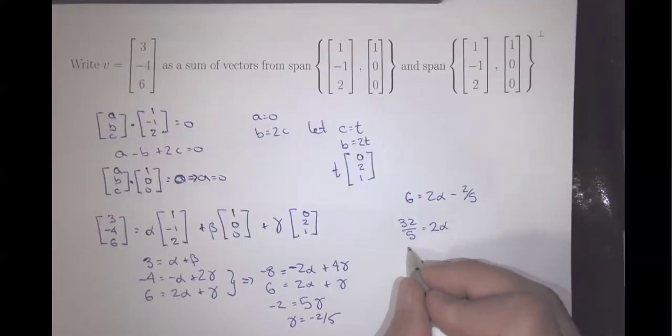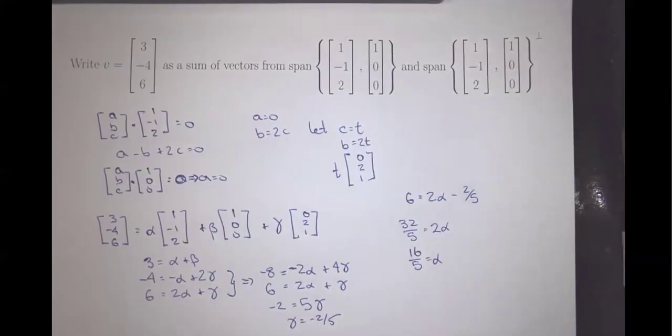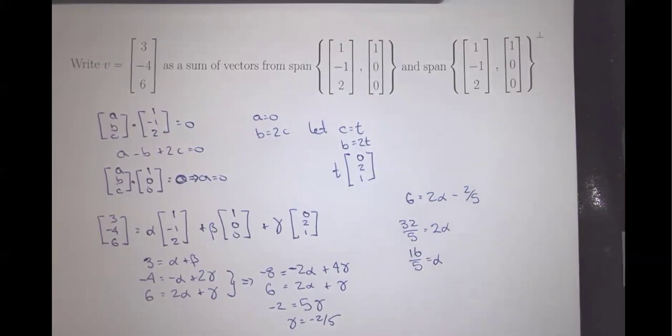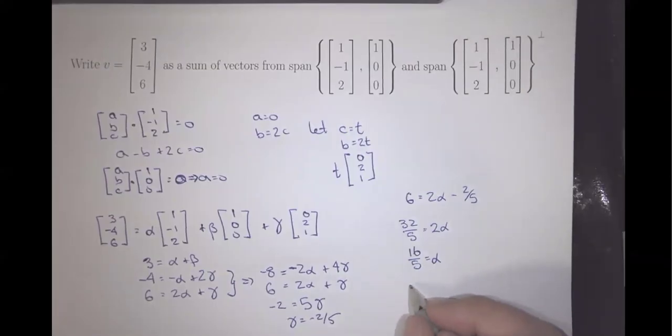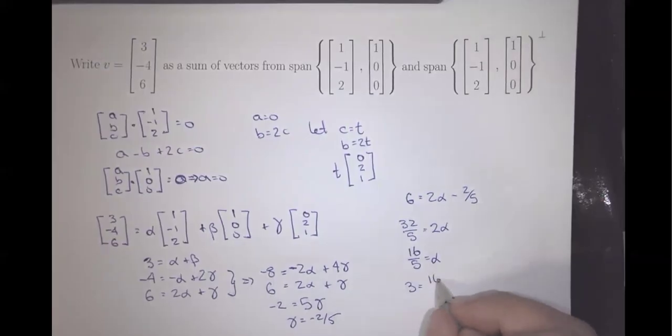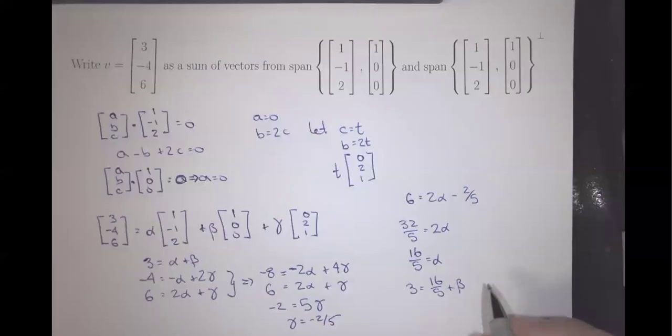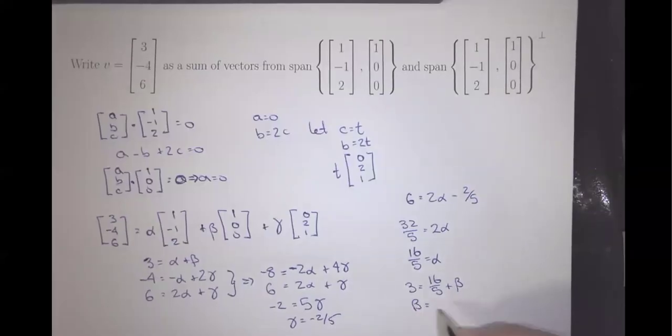So this is going to be 16 fifths is equal to alpha. Okay, and knowing that, we can see that 3 is equal to, from the first equation, 16 over 5 plus beta. And so beta, 16 over 5 is 3 and a bit. Beta must be negative 1/5.